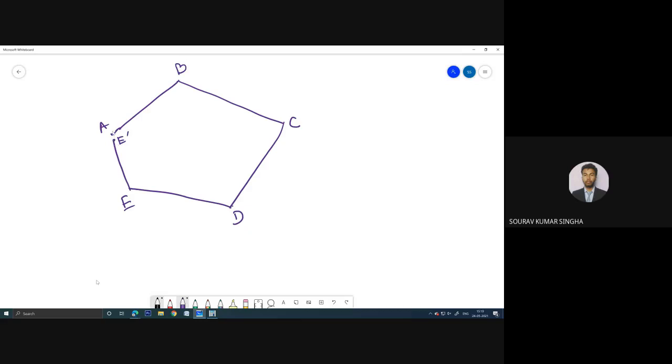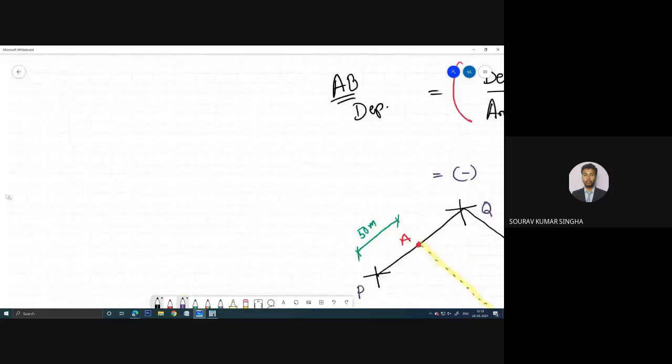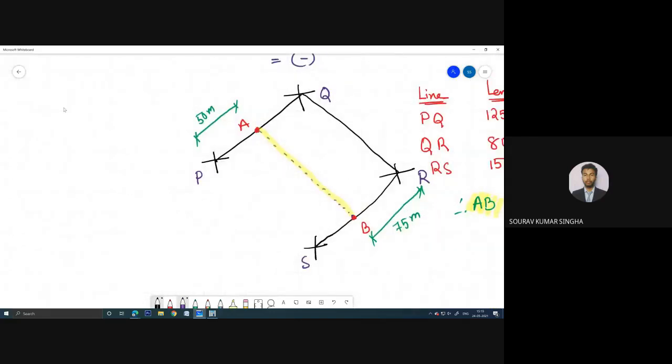Now we have seen these points are not closed, both points are not meeting each other. So here also you can think that these two points, P and S, are not closing. You can do the similar thing that we have done in the first day's numerical. We can also think that this is a huge error, the lines are not connected.